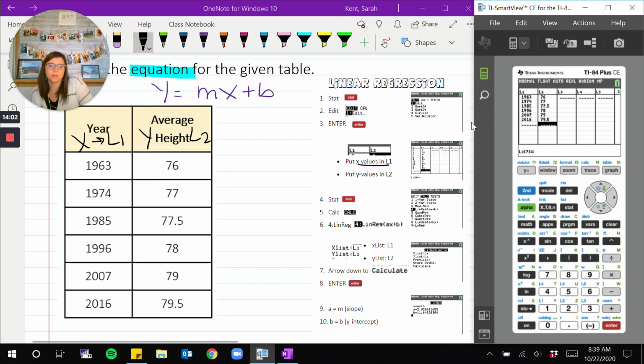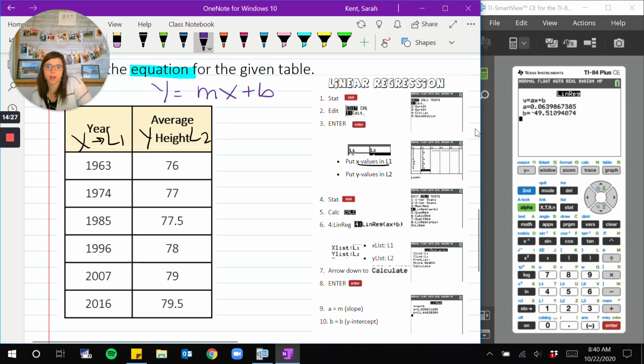Again, we'll press stat. This time we arrow over to calc, and we want number 4. X list is L1, Y list is L2. So I go down to calculate and press enter. Again, we want our m, which is also a.